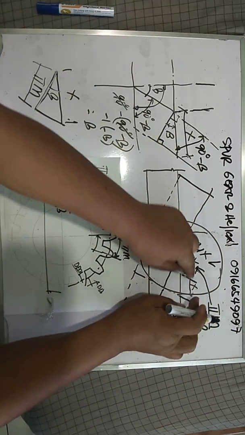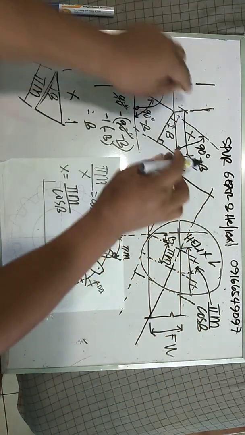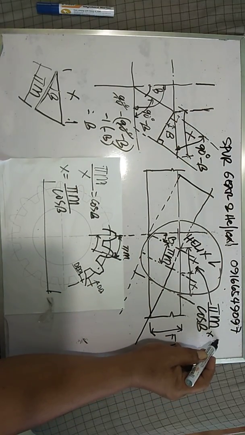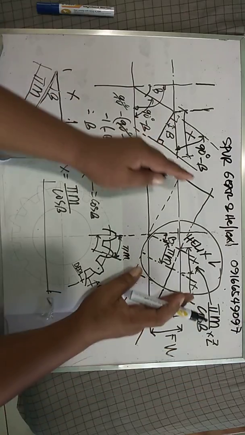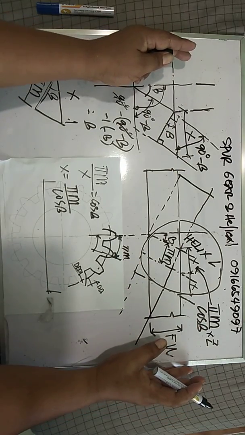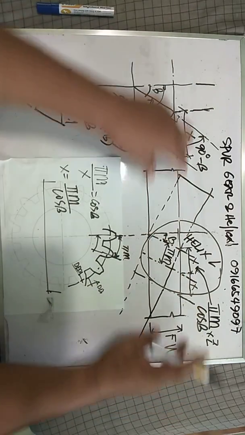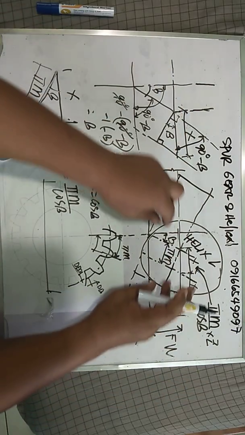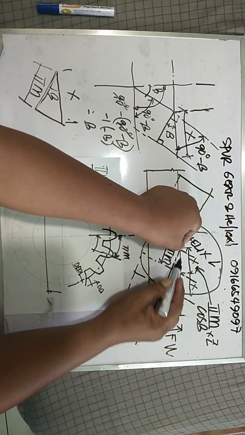Okay, if we multiply this by the number of teeth, what happened? It's also a circumference, relative to this distance.